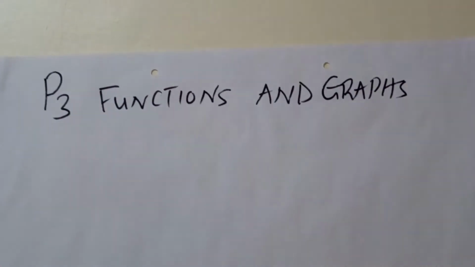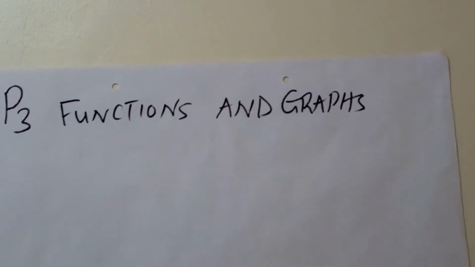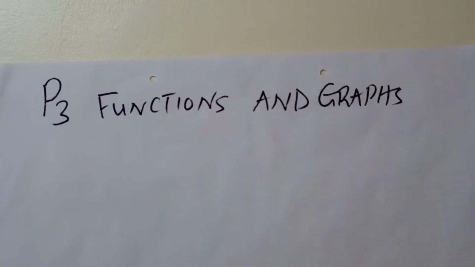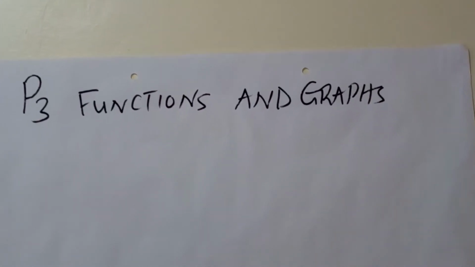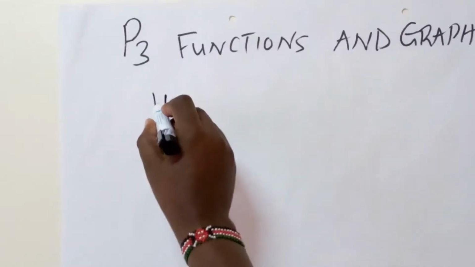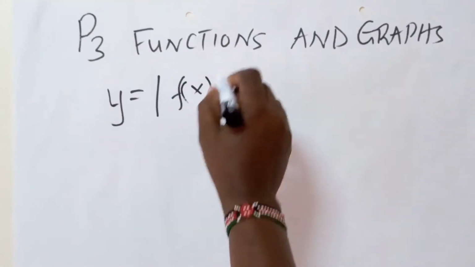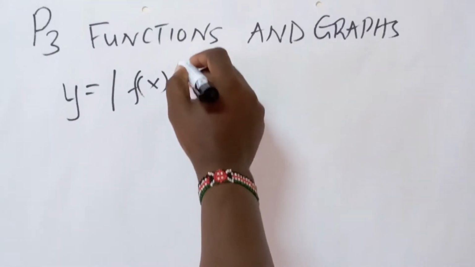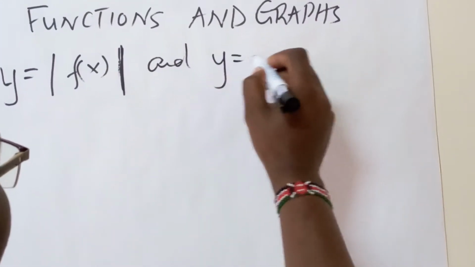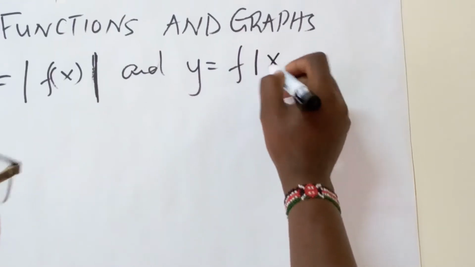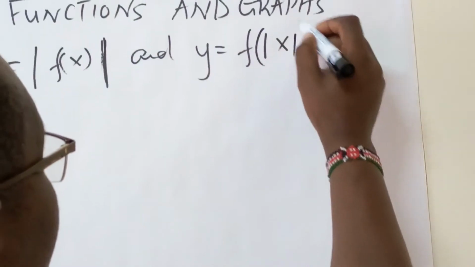We are pushing on with Pure Mathematics 3 and we are now on page 28 under subtopic 2.5, and we want to talk about sketching the graph of y equals the modulus of the function of x, and y equals the function of modulus x itself.